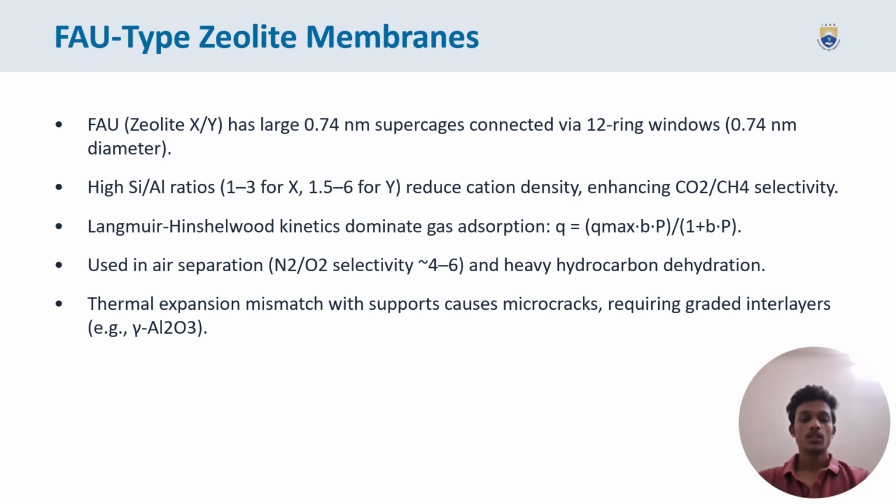Laminar Fickian kinetics dominate gas adsorption. Used in air separation, N2 to O2 selectivity 4 to 6, and heavy hydrocarbon dehydration. Thermal expansion mismatch with support causes microcracks, requiring graded interlayer.